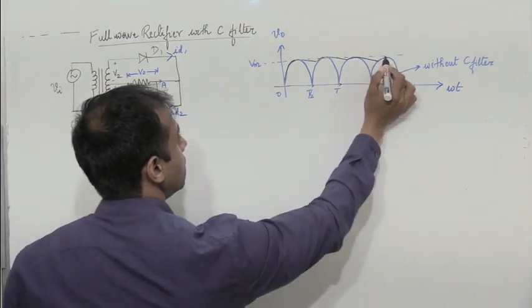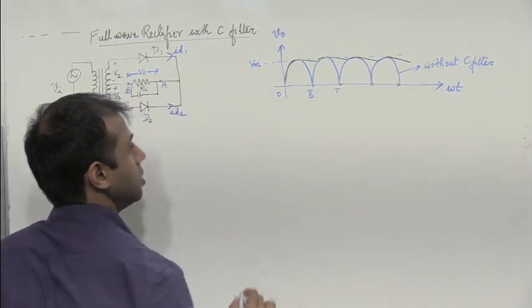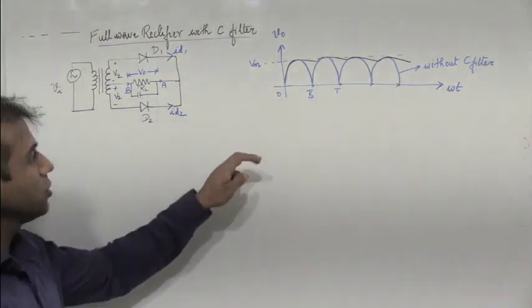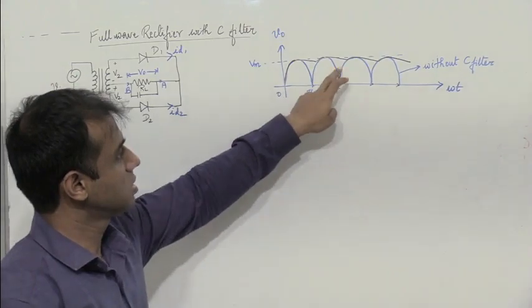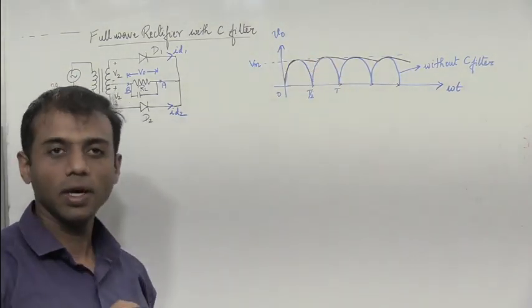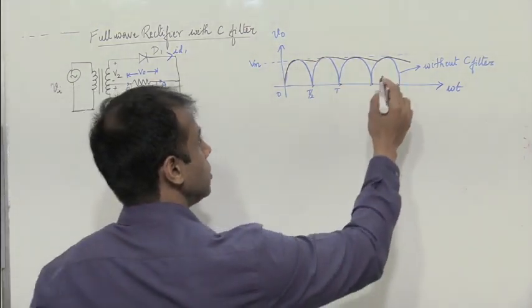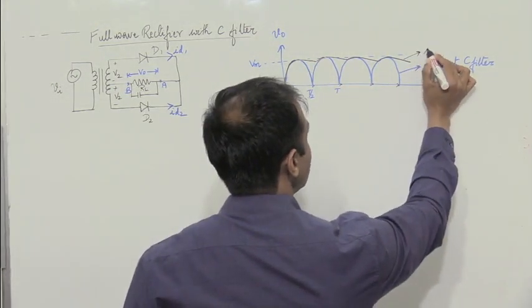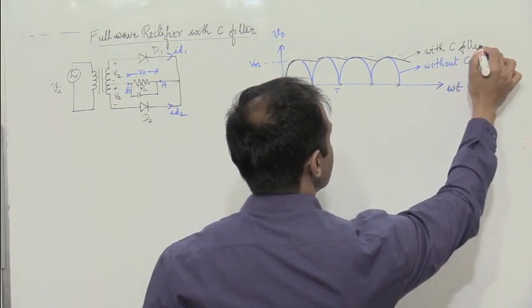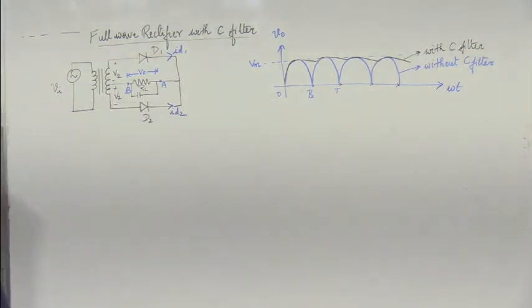So we have a waveform like this, right? So instead of getting a waveform like this, where there is so much variation, if I connect a capacitor filter, this is what I get at the output. This is with the capacitor filter connected across the load resistance RL.